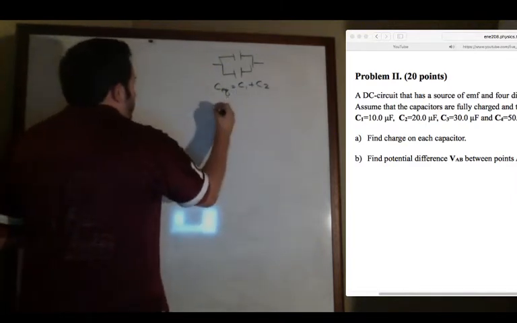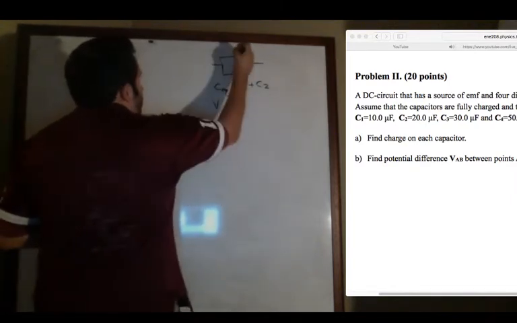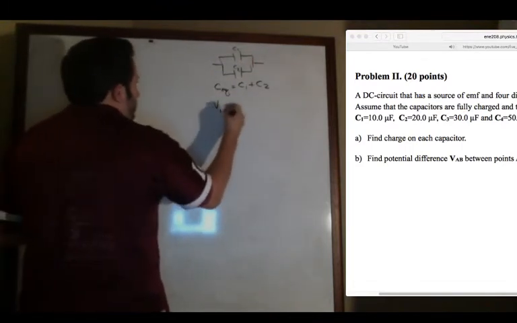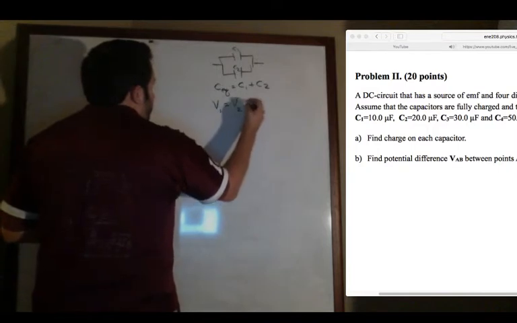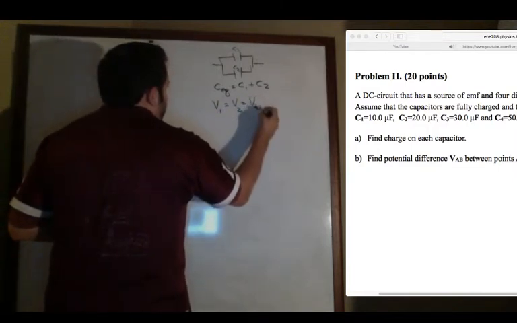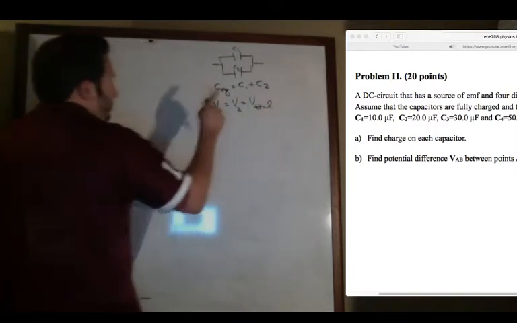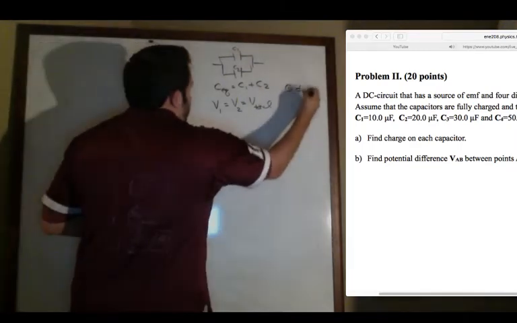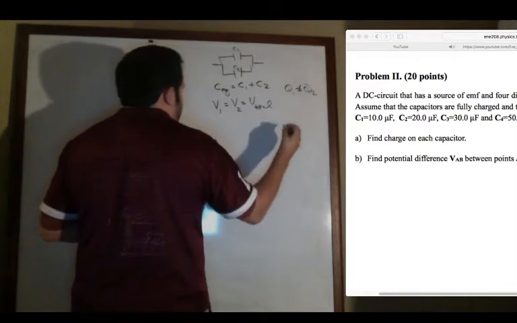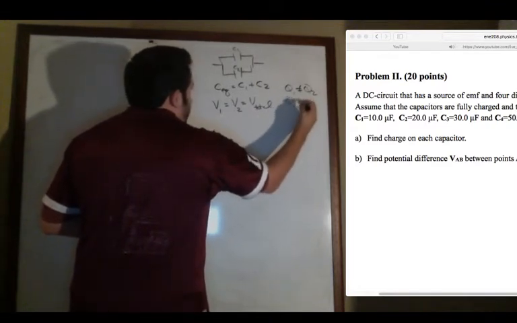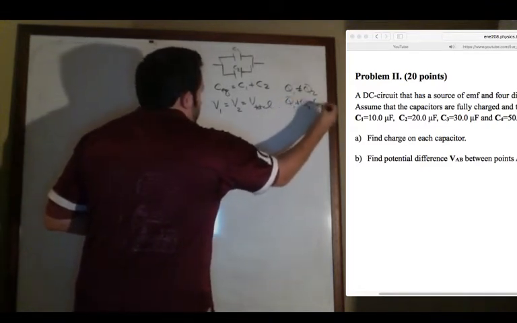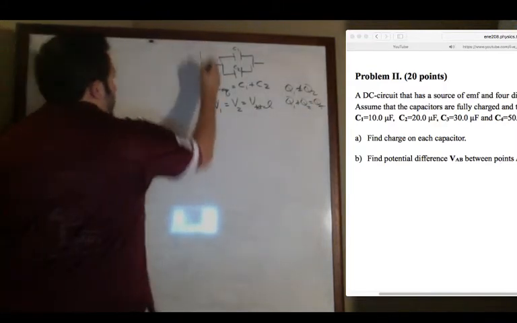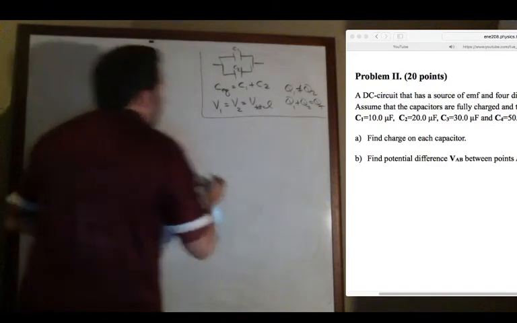Now the voltage across each is the same, so V1 equals V2, which equals V total. And then finally though, the charge isn't. Q1 most definitely does not equal Q2, okay? In fact, Q1 plus Q2 is equal to the total charge that'll flow through that system. So that's going to be the rules for parallel.